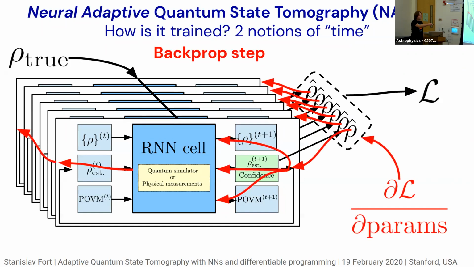We take a derivative of that loss with respect to all the parameters and all the components I described right now. It's a huge long graph you have to backpropagate through. And then these red lines are the signal, the error signal passing through all the units of the network to update the little neural networks involved in the decision making inside.